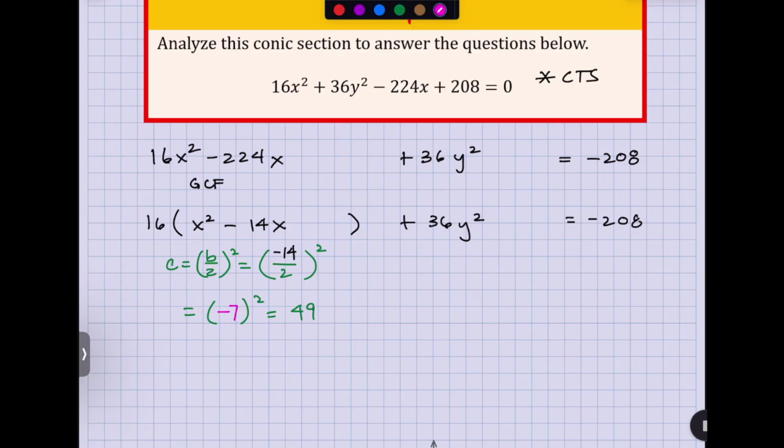Is that true so far? Let's see if you guys catch on this.